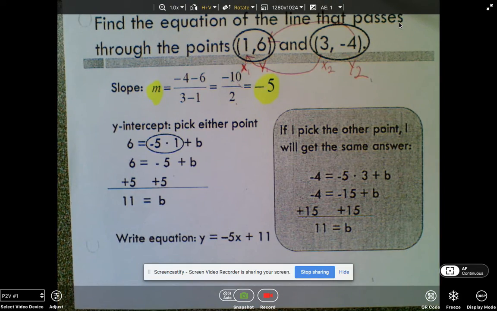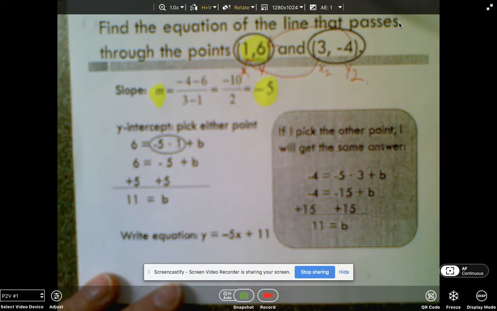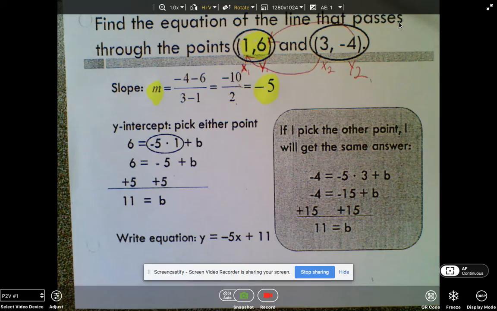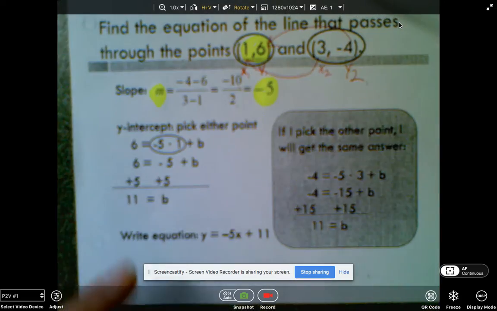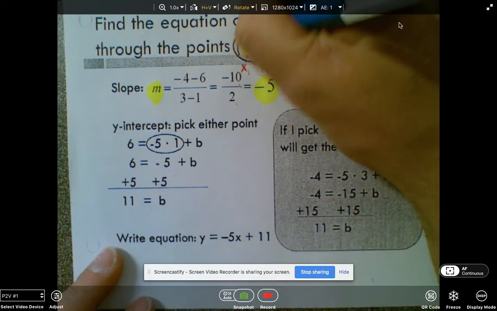So that's nothing new, but now the new thing is you pick any point that you think is easier to work with. Try to avoid negatives if possible, and fractions and all that. But you can definitely see that this point 1, 6 is probably easier to work with because there's no negatives. So now the 1 will be your x, and the 6 will be your y.